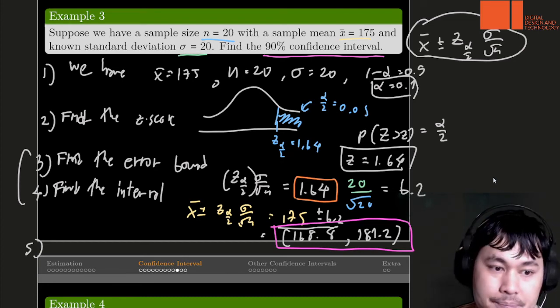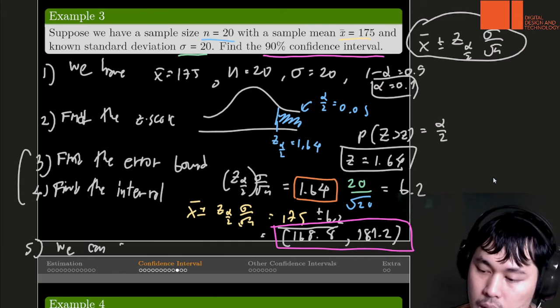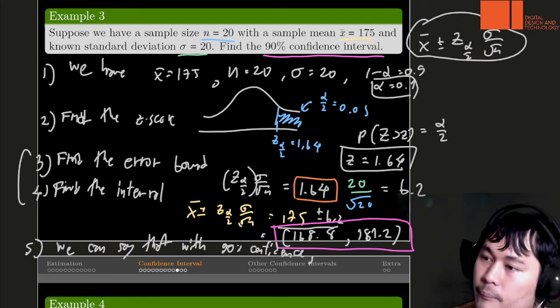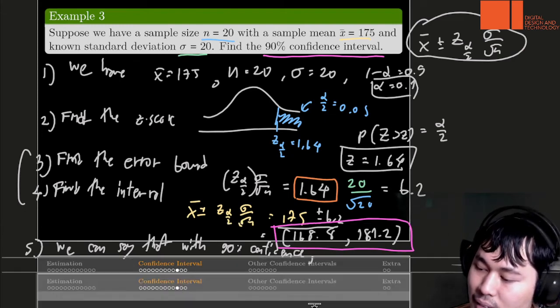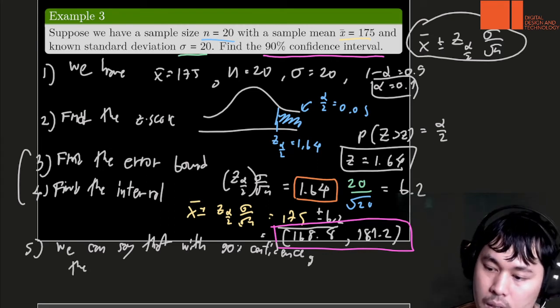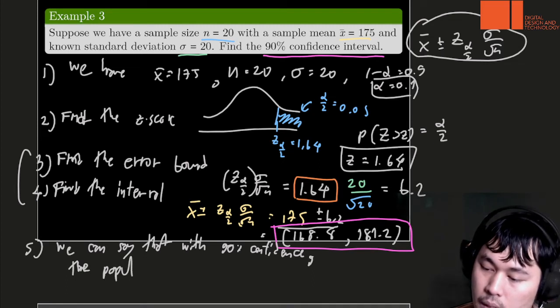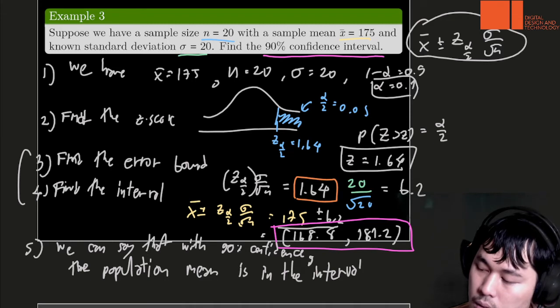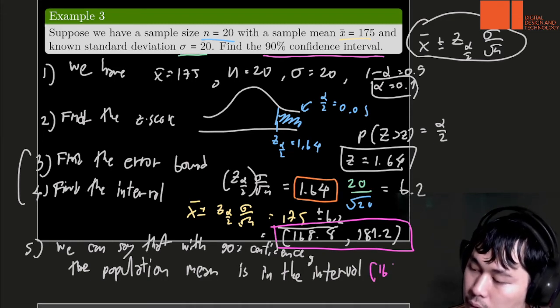In this example, we can say that with 90% confidence, we are 90% sure that the population mean is in the interval that we just got, which is from 118.8 to 131.2.